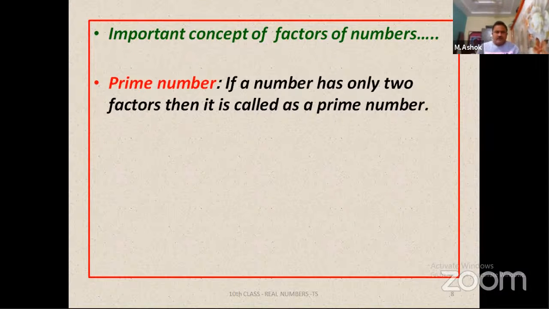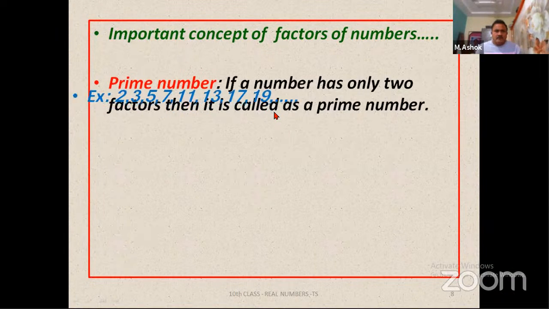What is the definition of a prime number? If a number has only two factors, then it is called a prime number. What are the two factors? One and itself.